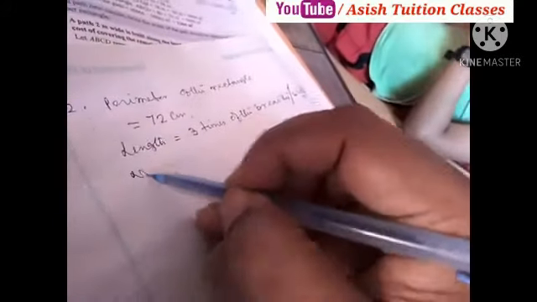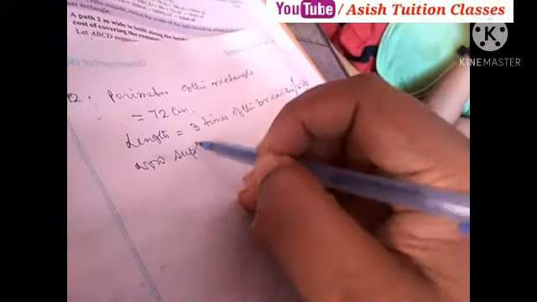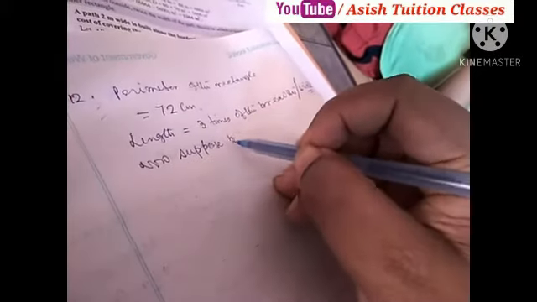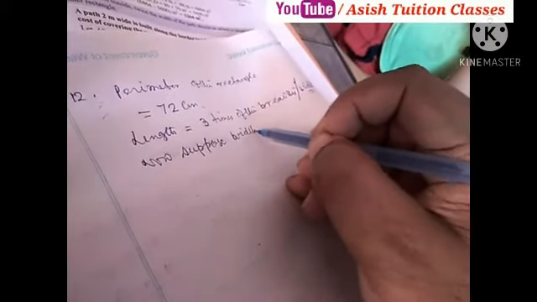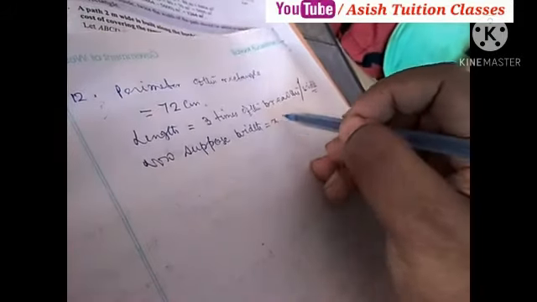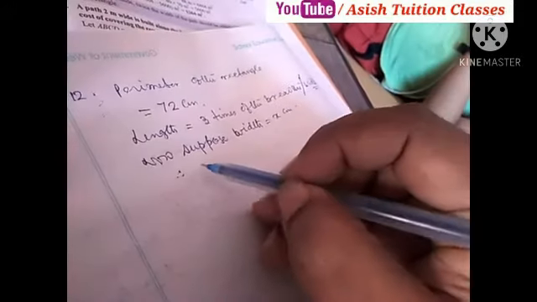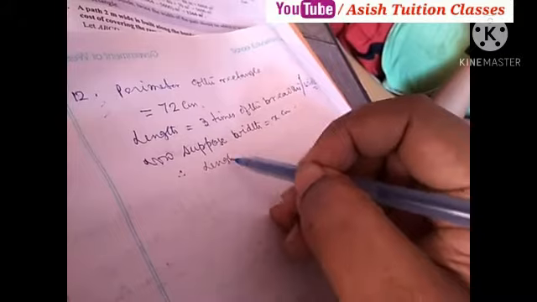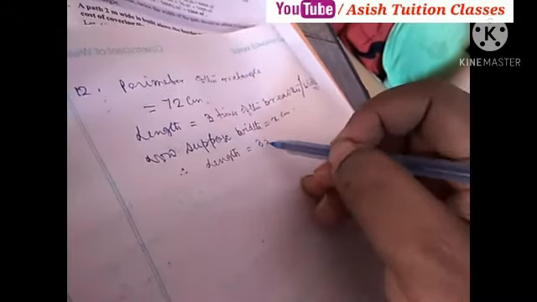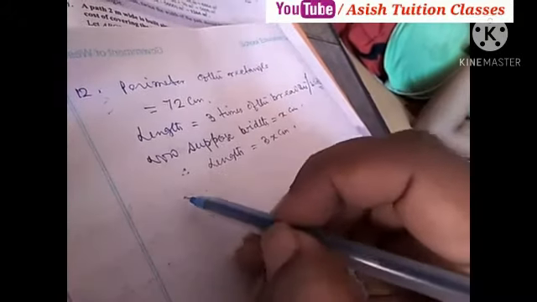Now suppose width is equal to x centimeter, therefore length will be 3x centimeter.